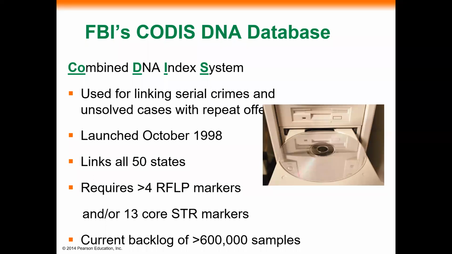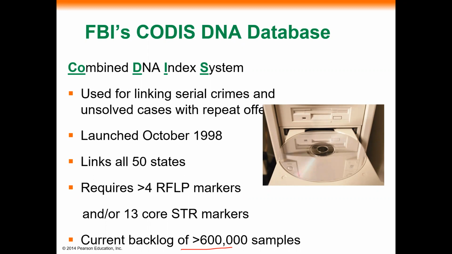What it uses is restriction fragment length polymorphisms. It can also look at 13 different short tandem repeat sections. And as we see here, there's a current backlog of over 1 million samples. This presentation is probably several years old now, so I would say that's probably well over 1 million now.